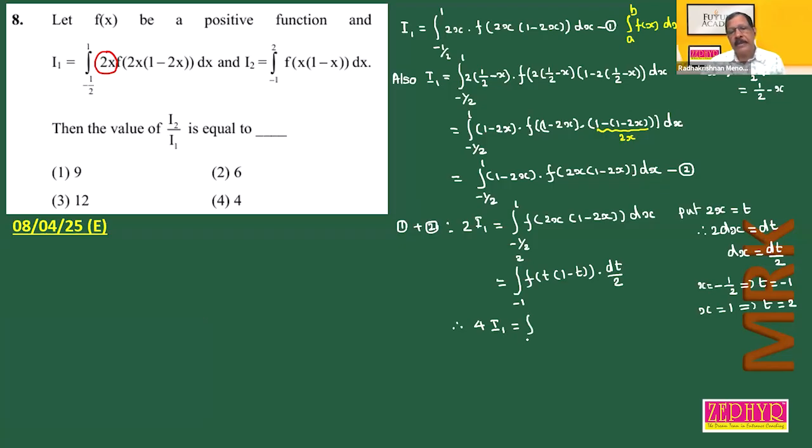So I can write as integral -1 to 2 f of x into 1 minus x dx, which is nothing but I2. You are being asked to find out I2 by I1. Therefore, I2 by I1 is equal to 4.